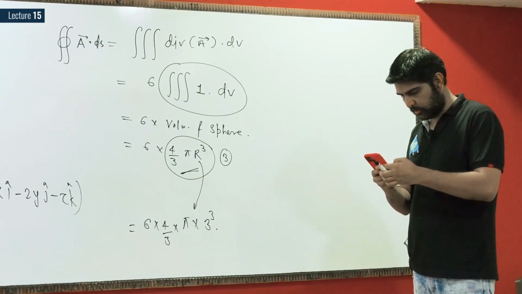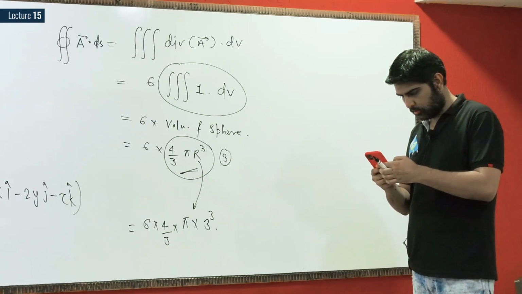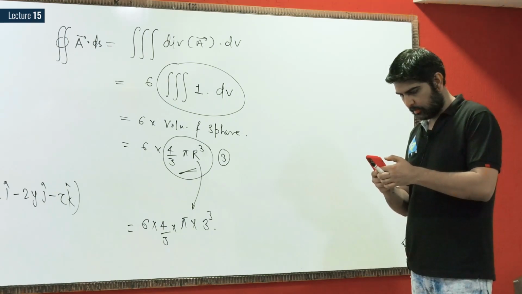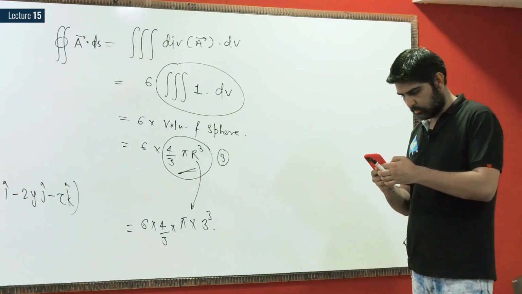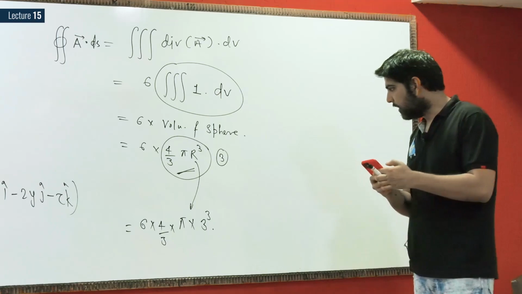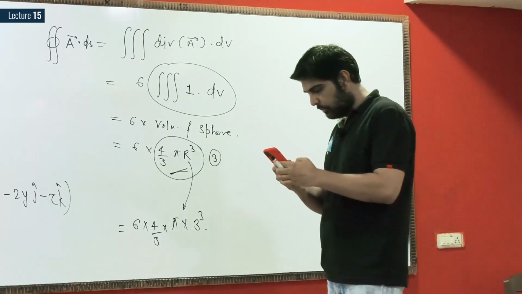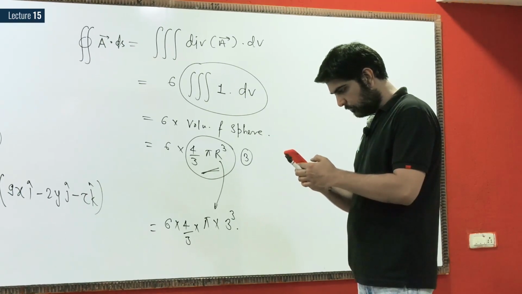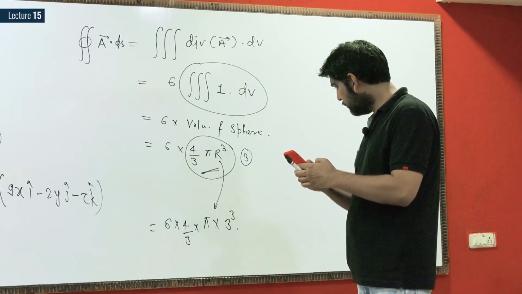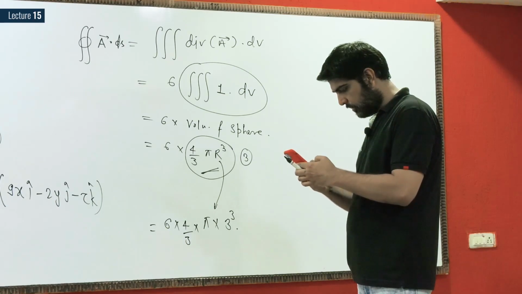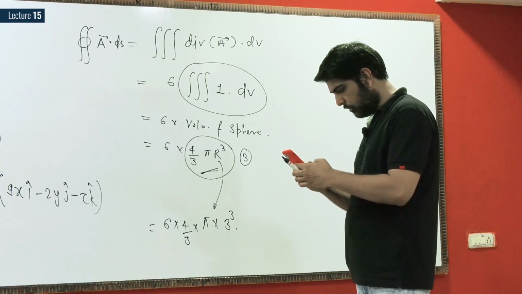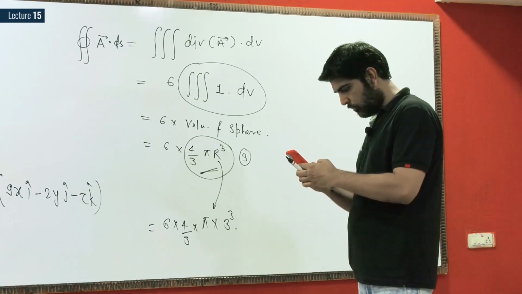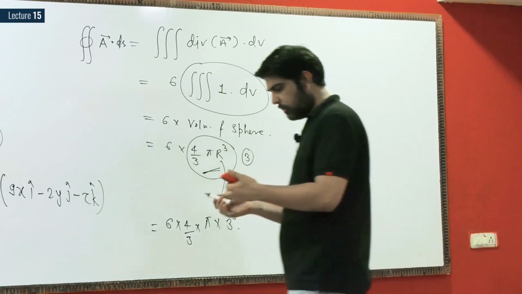Where is the calculator? So this is my calculator. Pi into 9 into 6 into 4. So it is what?